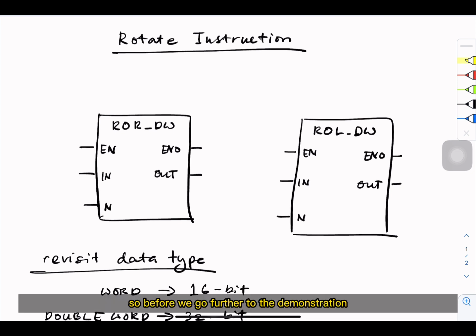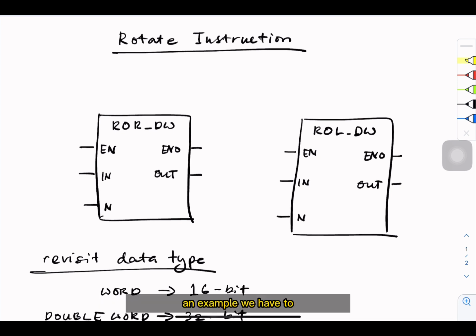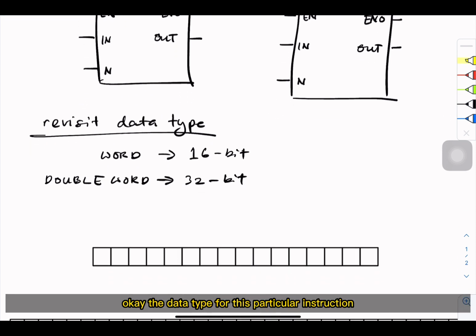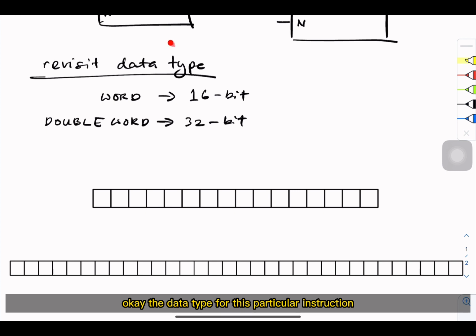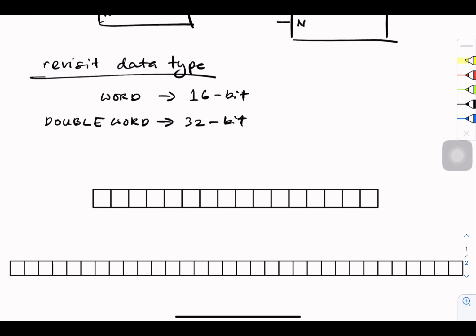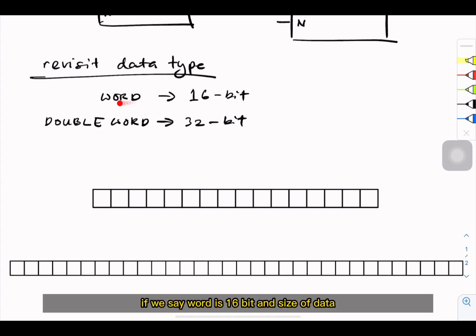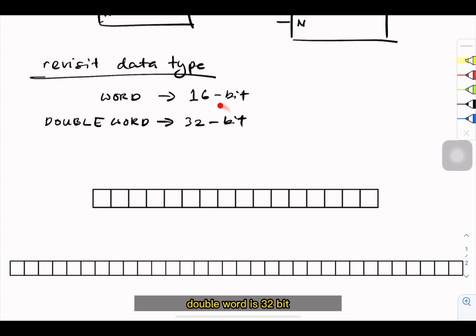Before we go further to the demonstration and example, we have to revisit the data type in SIMATIC STEP7 software. The data type for this particular instruction is double word. If we say word is 16-bit size of data, double word is 32 bits.